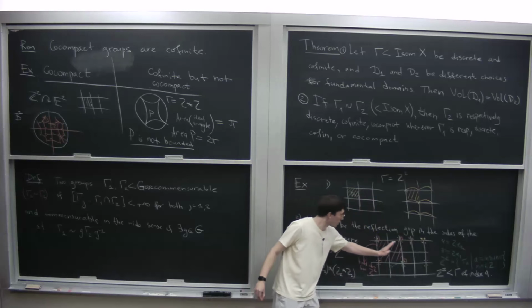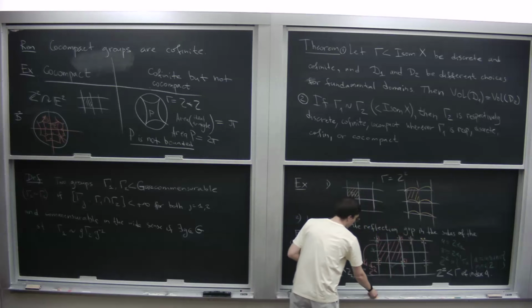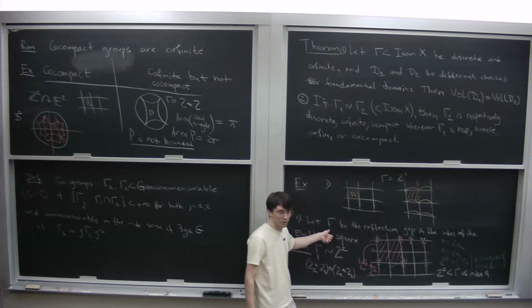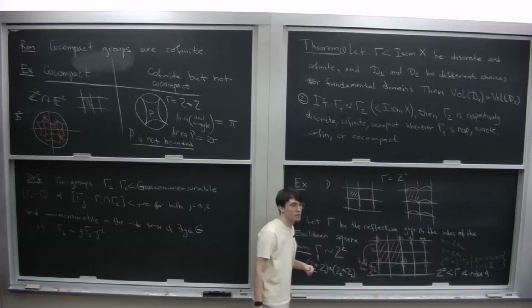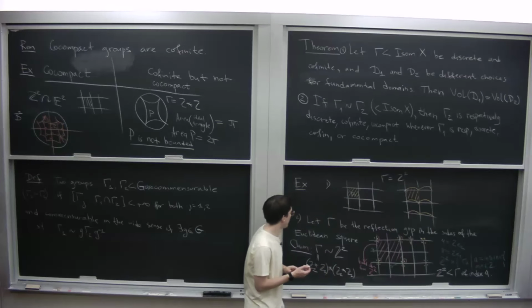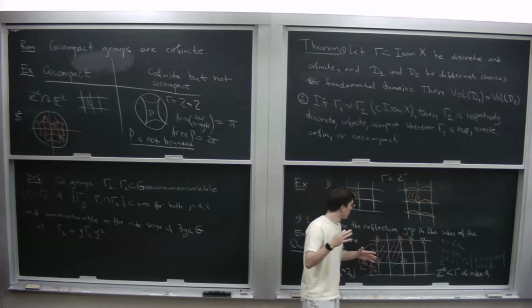Okay, this big square, and you see it has 4 copies of my fundamental domain for gamma. So this allows us to compute the index. Generally, if you pass to a finite index subgroup, you will obtain a bigger fundamental domain.